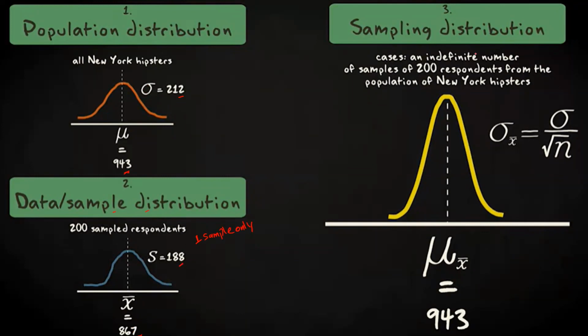So if we look at an infinite number of samples, say samples of 200 respondents from a population of New York hipsters, let's say we have 200 respondents and an infinite number of samples. If I have an infinite number of samples, then that is what the sampling distribution is.